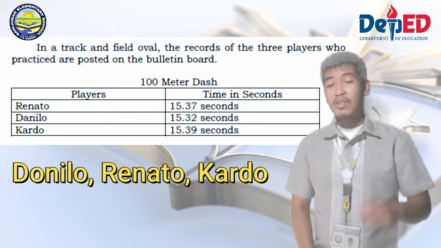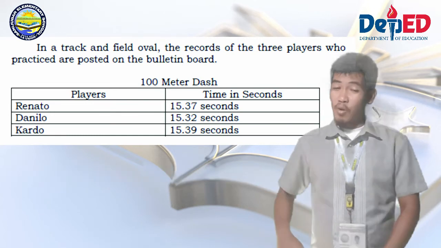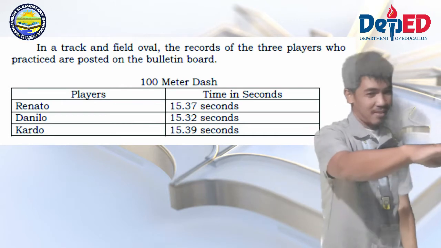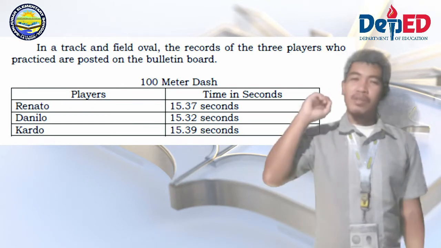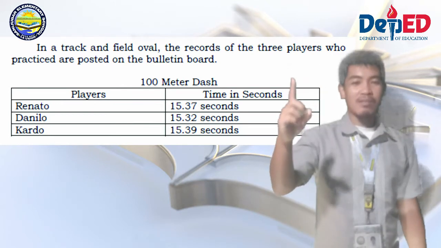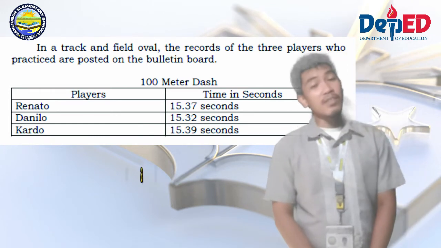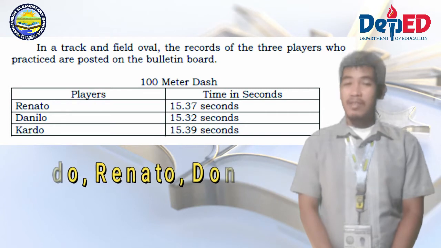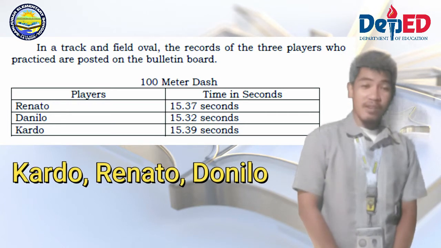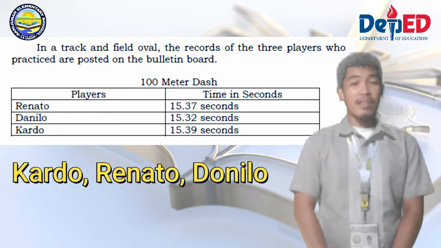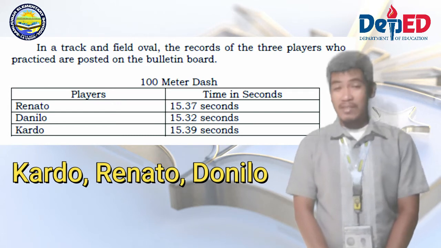How would you arrange the runners from the slowest to the fastest? Cardo with 15 and 39 hundredths is slow. Renato is faster with 15 and 37 hundredths.